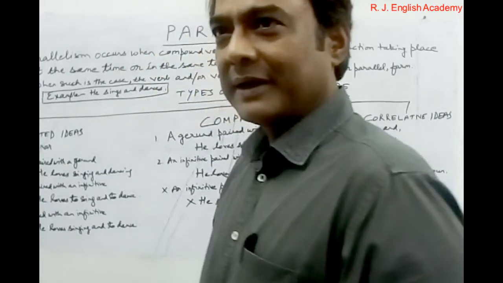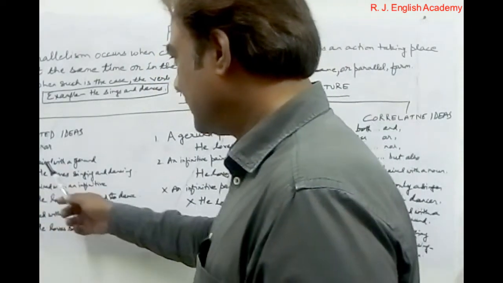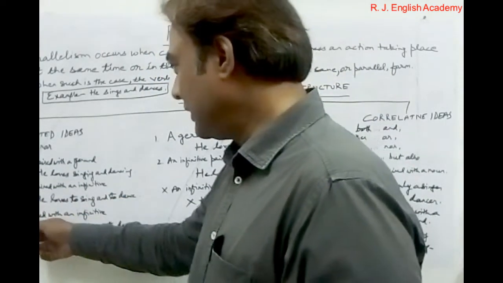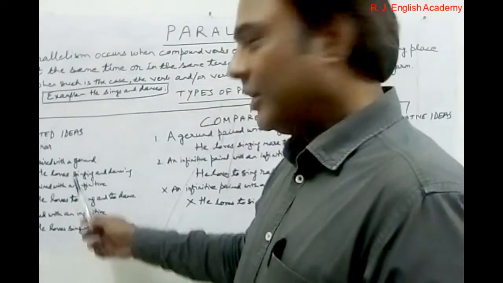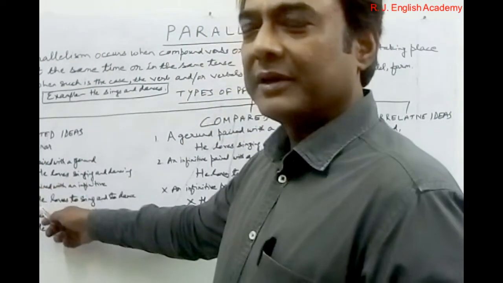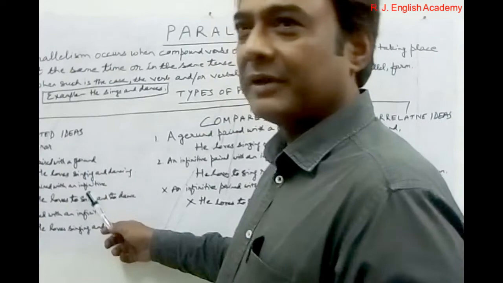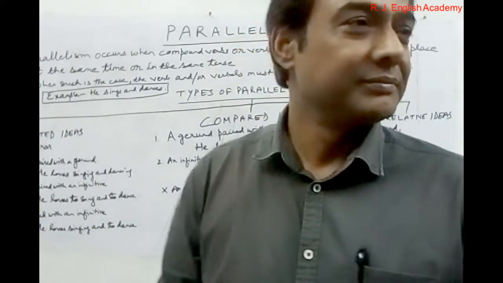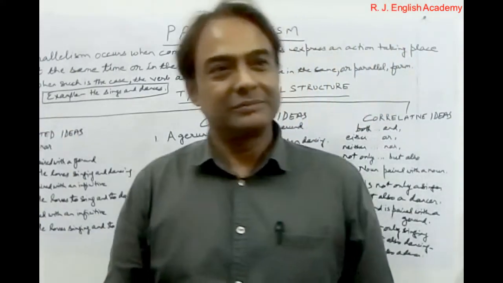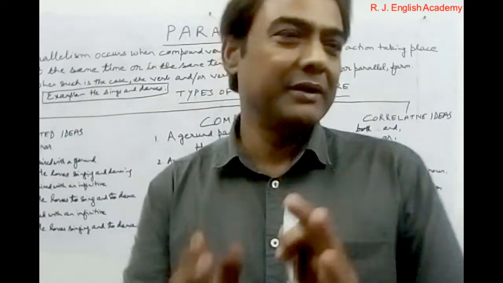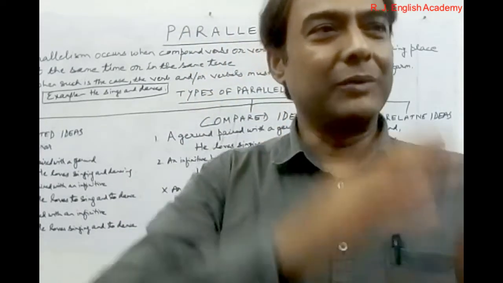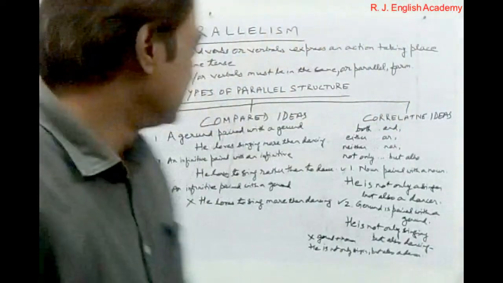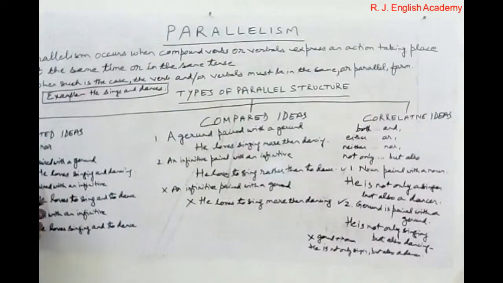So when you coordinate ideas, a gerund is paired with a gerund, an infinitive with an infinitive. You cannot pair a gerund with an infinitive, or an infinitive with a gerund. It's wrong. Same type: gerund, gerund; infinitive, infinitive; noun, noun. Here the example is: he loves singing and dancing.